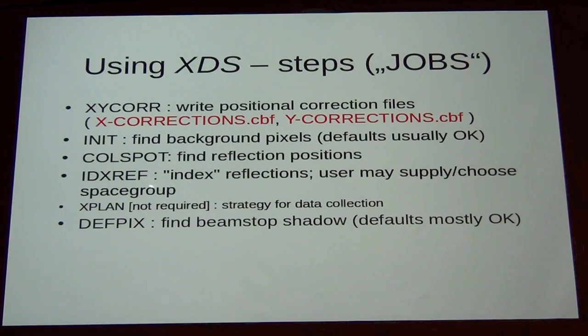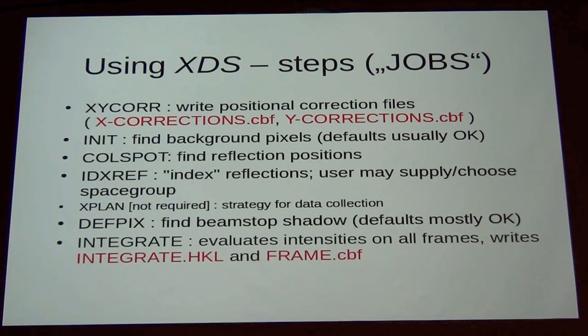and finally you get a list of possible point groups, just in the same way as you've seen for MOSFLM, and also in the HKL. So there's a strategy step that's not required. DEFPIX has to do with shadow masking.